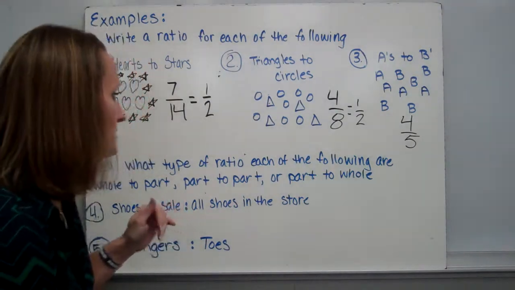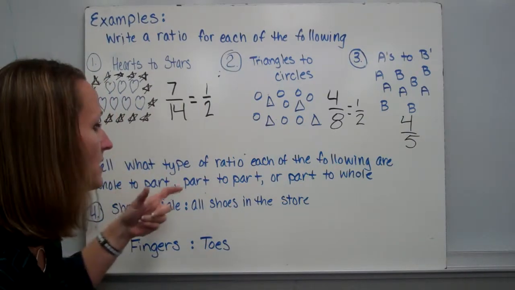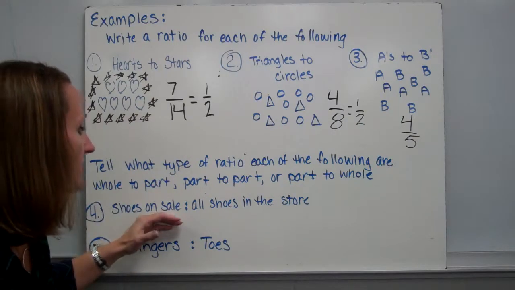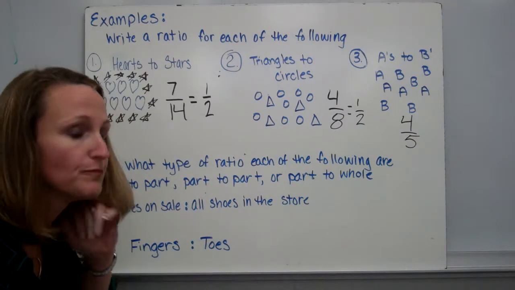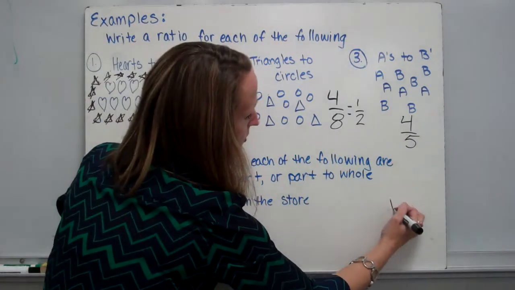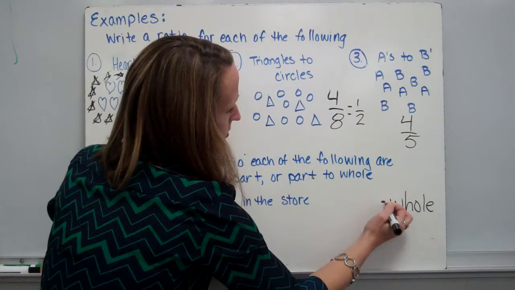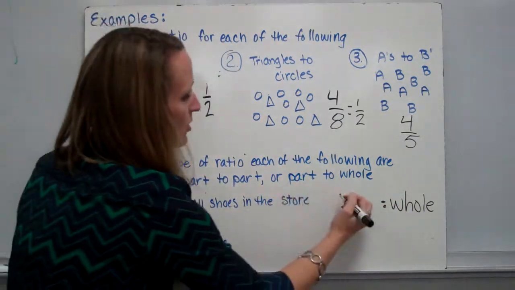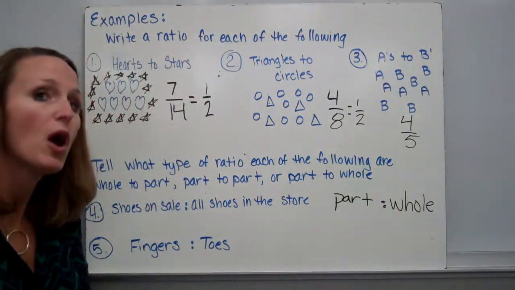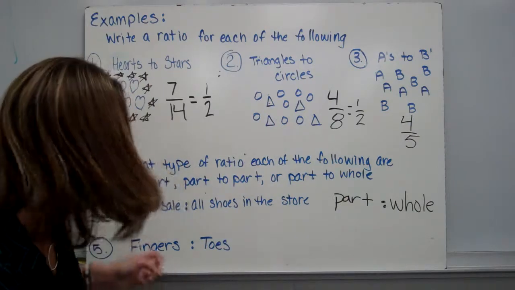So here's a couple more examples. This time we're telling what type of ratio they are: whole to part, part to part, or part to whole. So this one we're talking about shoes on sale compared to all shoes in the store. All shoes in the store, that's going to be a whole. Shoes on sale, that's going to be part. Shoes on sale represents just part of the total number of shoes in the store, which is the whole.